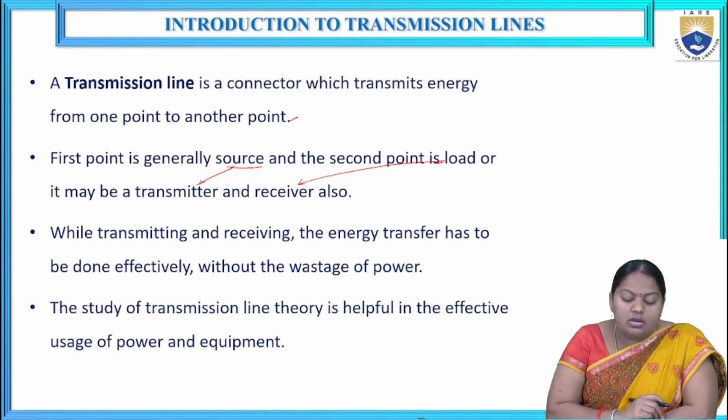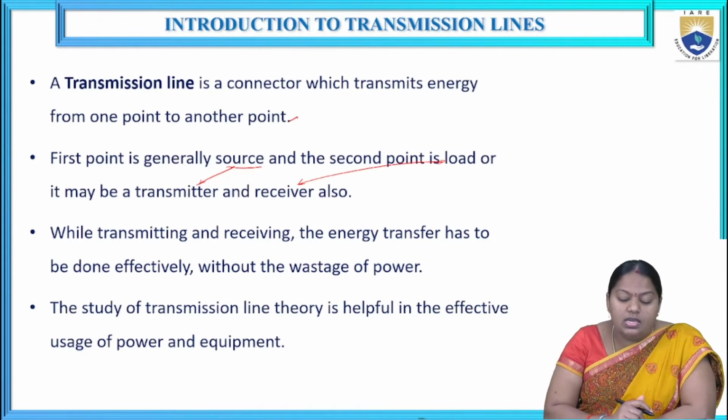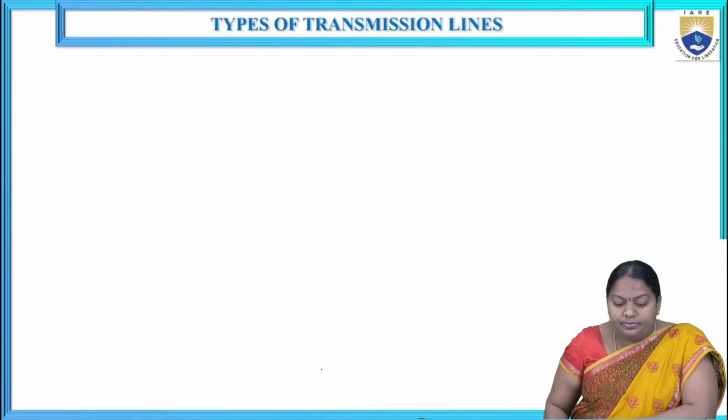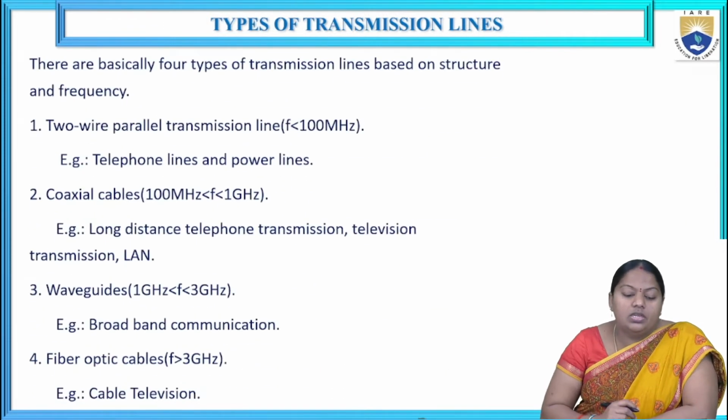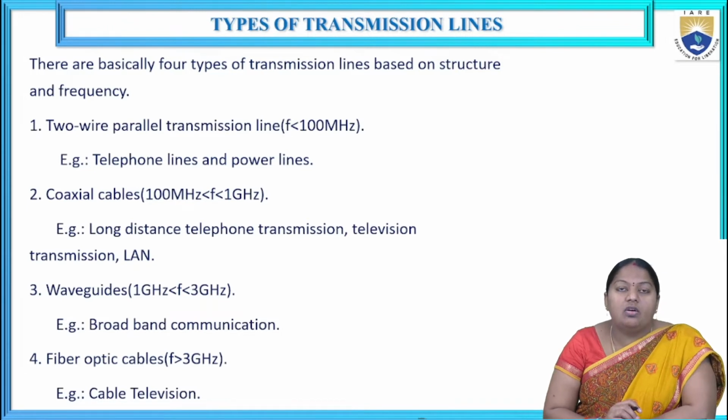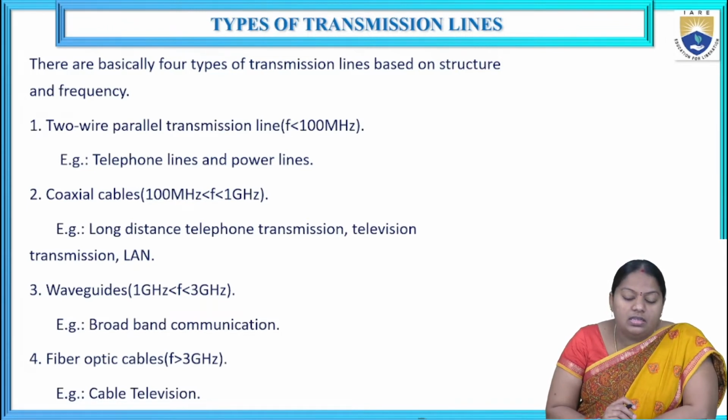The study of transmission line theory is helpful for the effective use of power and equipment. So first we have learnt what we mean by transmission lines and the different ways we can define them.